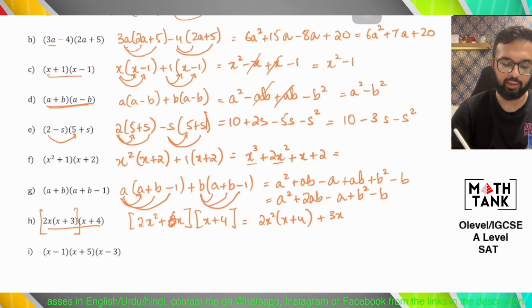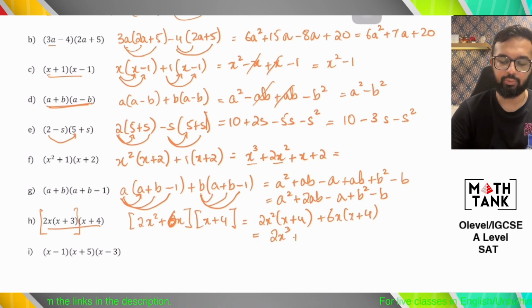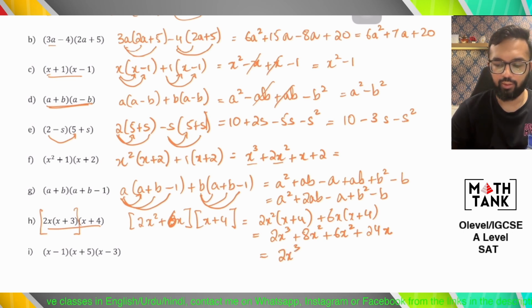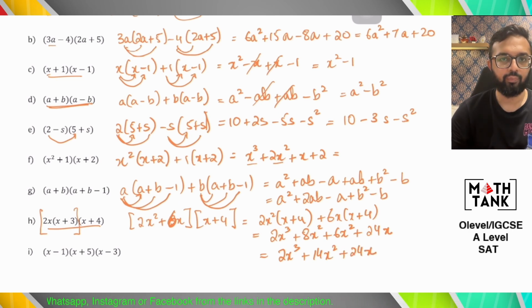Sorry, my bad, 3x. 3x into x plus 4. So I get 2x cubed plus 8x square plus 3x square plus 12x. 2x cubed plus 11x square plus 12x.